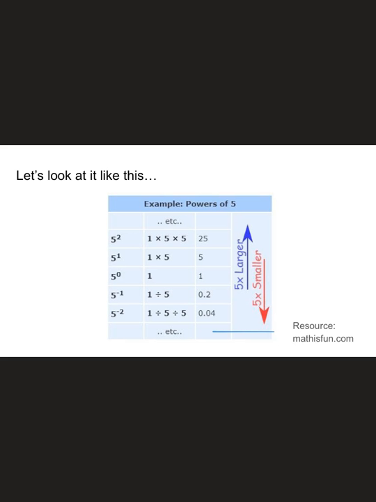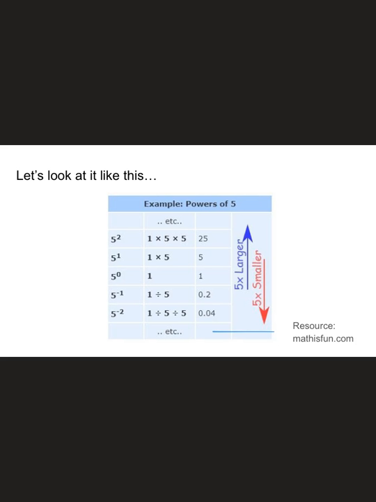So for an example, if we take the powers of 5, we learned last time that anything to the power of 0 equals 1. So 1 is right here. And as we go up, 5 to the 1st is 5. 5 to the 2nd is 25, or 5 times 5. It's getting 5 times larger every time we move up.